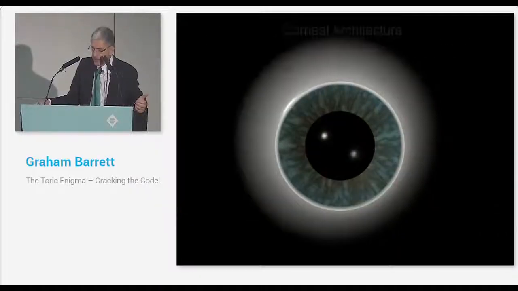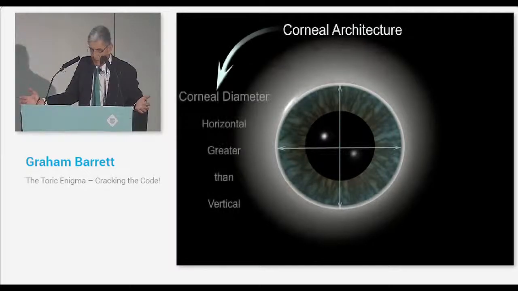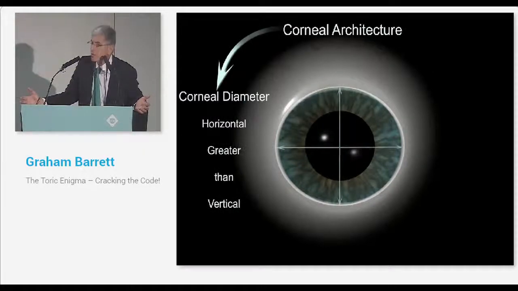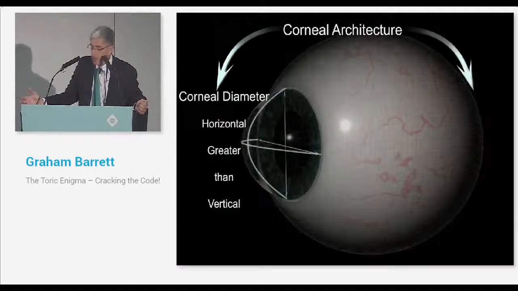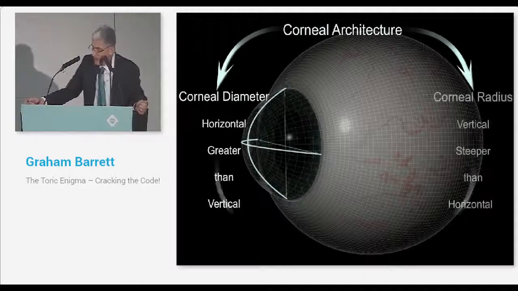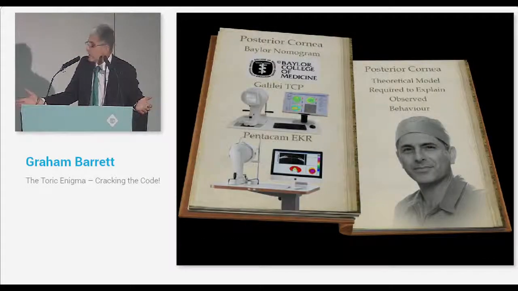And the solution is quite simply that the cornea has a unique architecture, and that is the horizontal diameter is always greater than the vertical. This means that the vertical radius is steeper than the horizontal radius, and therefore the elliptical cornea explains a half diopter of against the rule astigmatism. So how can you predict it?